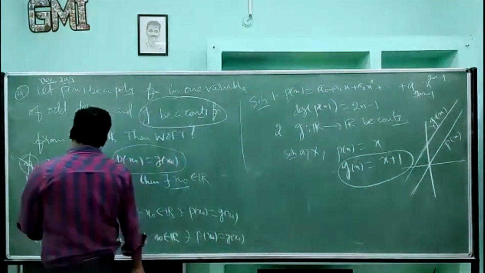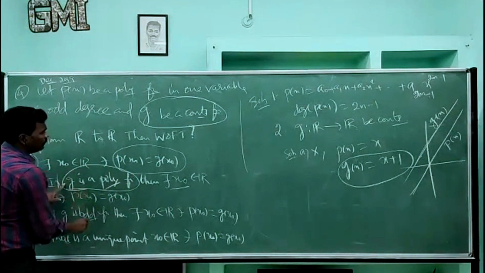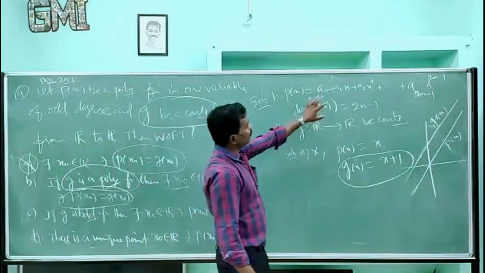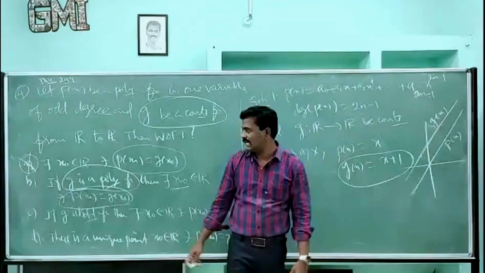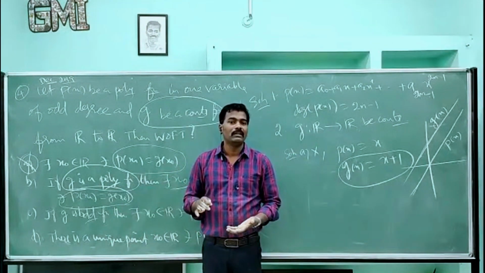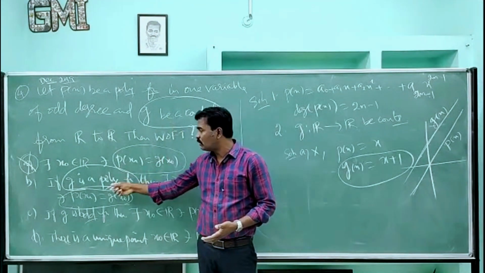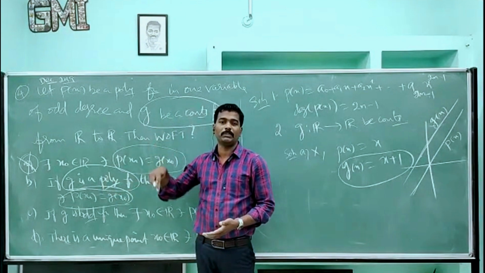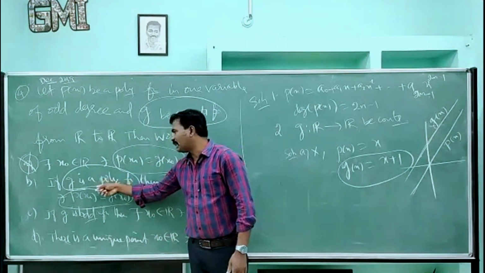Next, option B. If G is a polynomial, then it has this property. Given P an odd degree polynomial, G is continuous. Now the second hypothesis, an extra hypothesis they are giving for G: not only continuous, it should be a polynomial.